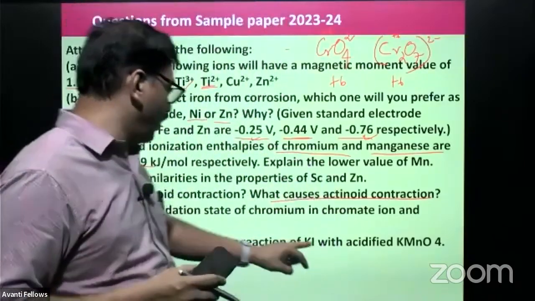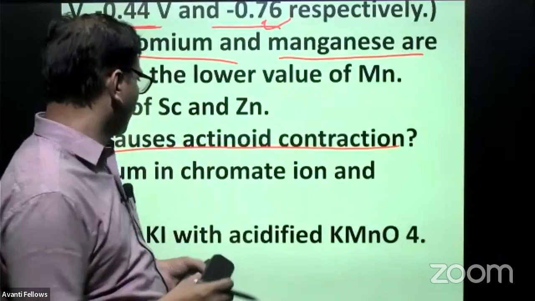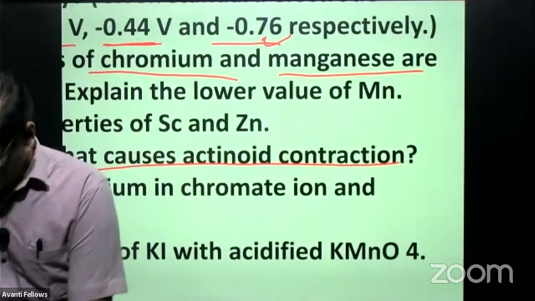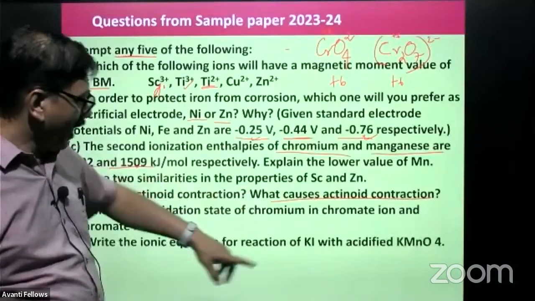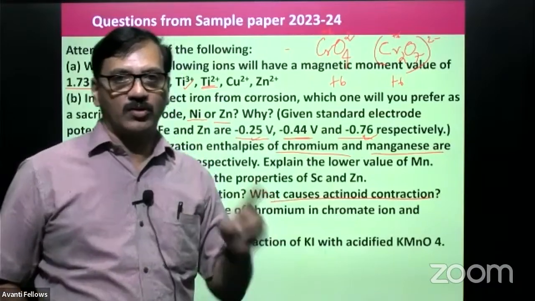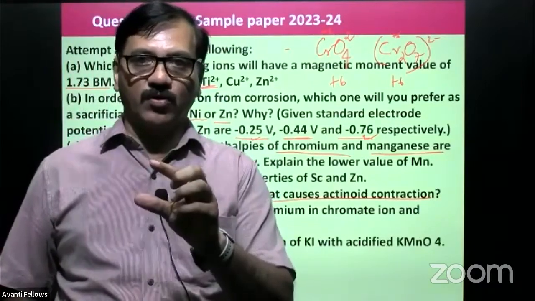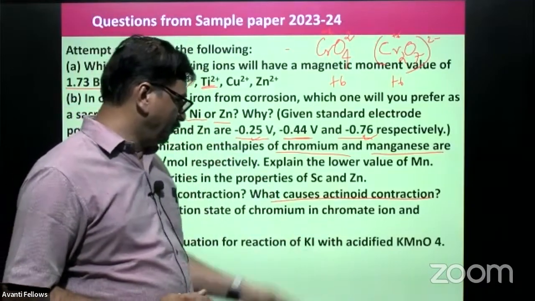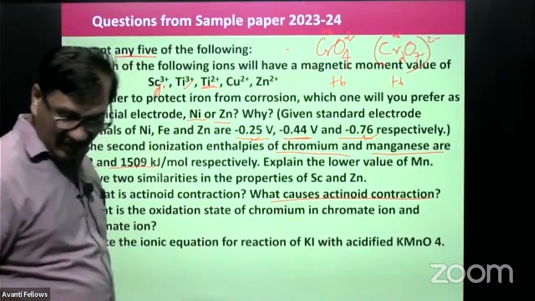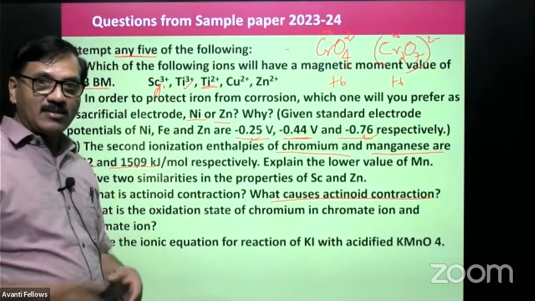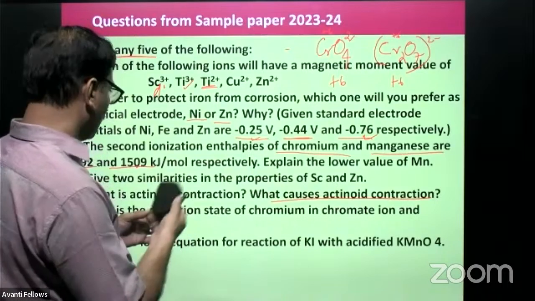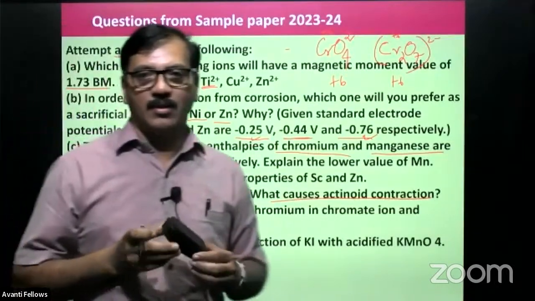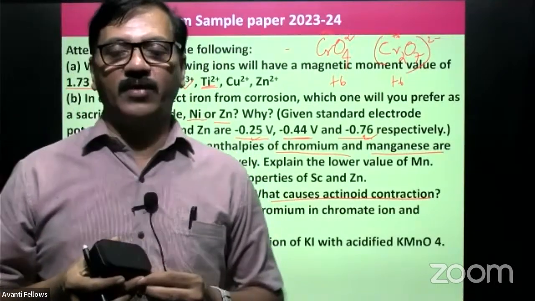The iodide ion is present here, and this iodide ion is converted into I2. So this is the equation that you have to write. And if any options are given, if it is given in that way, it is good.